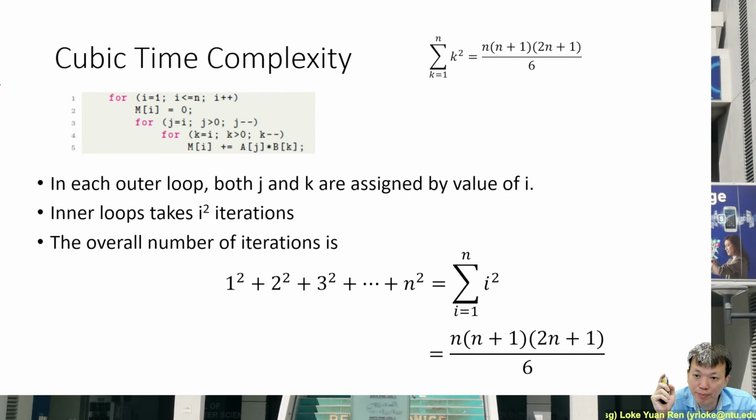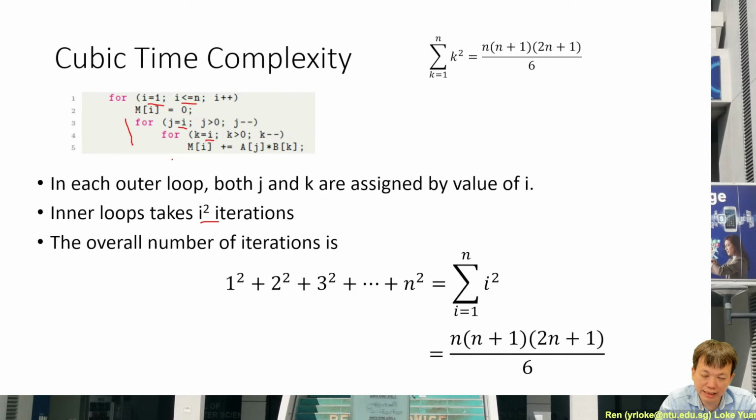So for example, you have this nested loop. In this nested loop, the outer one is i equal to 1 to n. Then the inner loop is based on i. Then I run i square iterations. Not surprisingly, the outer one will assign i to the inner one, then the inner nested loop takes i square.